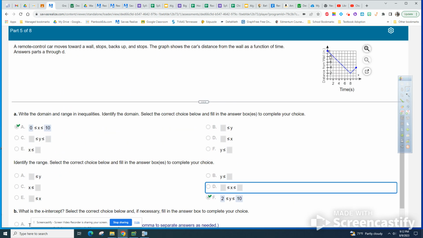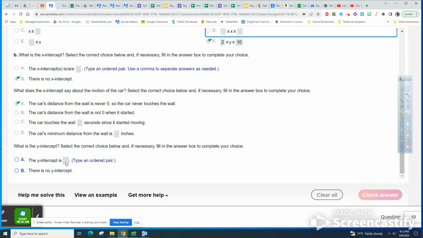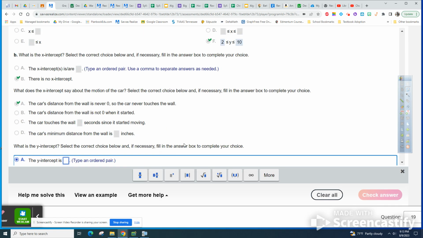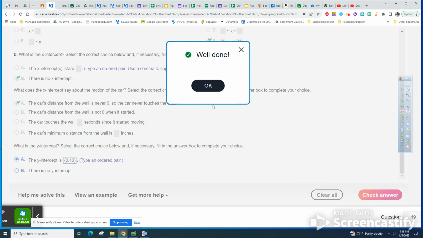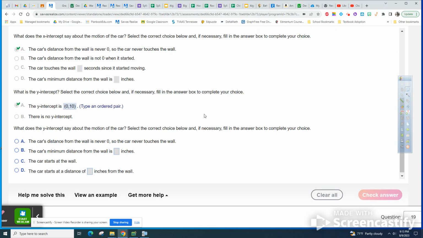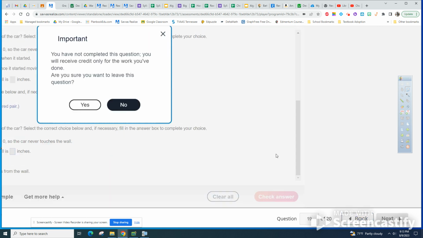So it's wanting 0, 10. 0, 10, even though the y-intercept is officially 10, but it wants an ordered pair. Well, that is officially incorrect, but we're going to go with it. Whew. And then lastly, 20.